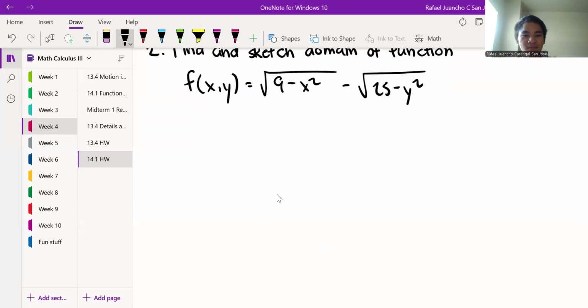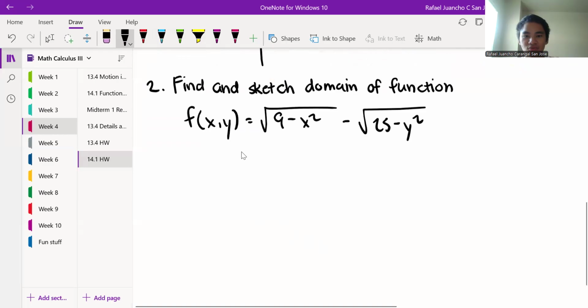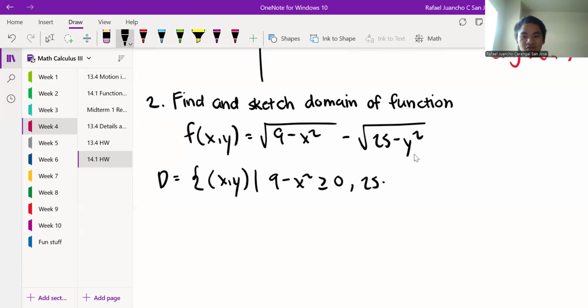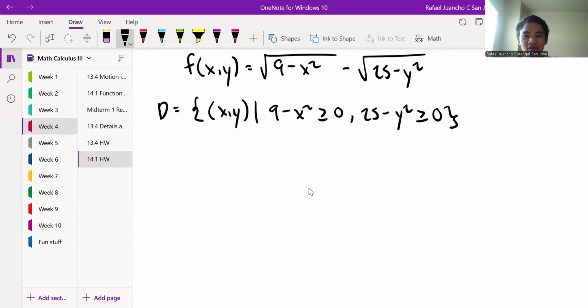What can I say? Well, both of these should not be negative, right? So my domain is the rule such that my 9 minus x squared should be greater than or equal to 0, as well as my 25 minus y squared should also be greater than or equal to 0.